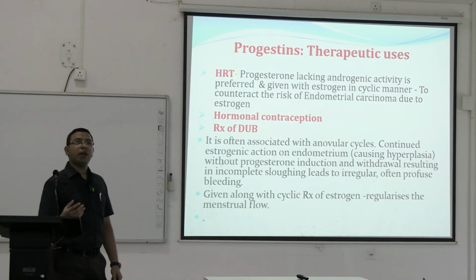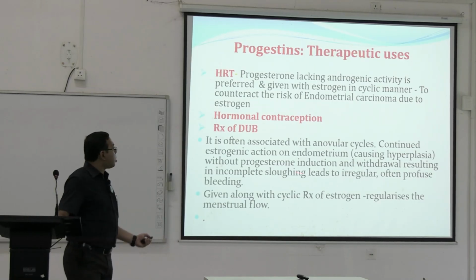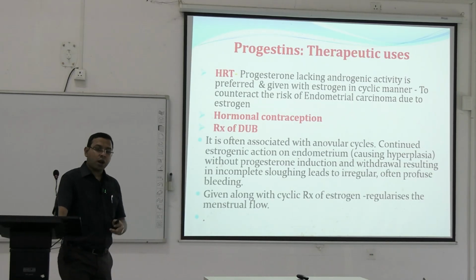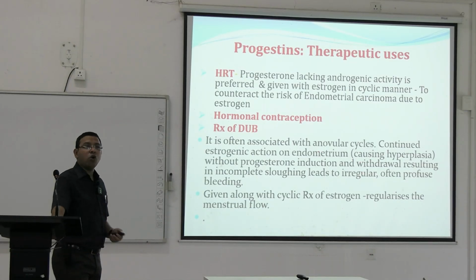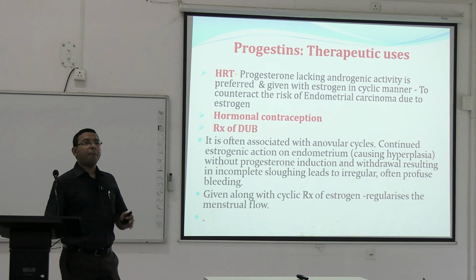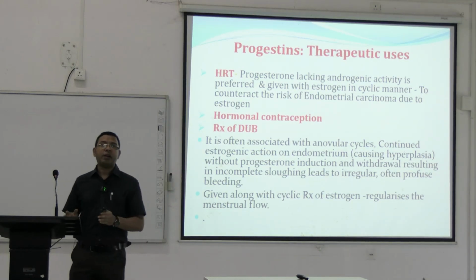So uterine bleeding becomes dysfunctional. In those cases usually a combination of estrogen and progesterone is given. It is often associated with anovular cycles. Anovular cycle means the cycle is continuing but ovulation is not happening. Particularly it is associated with infertility.